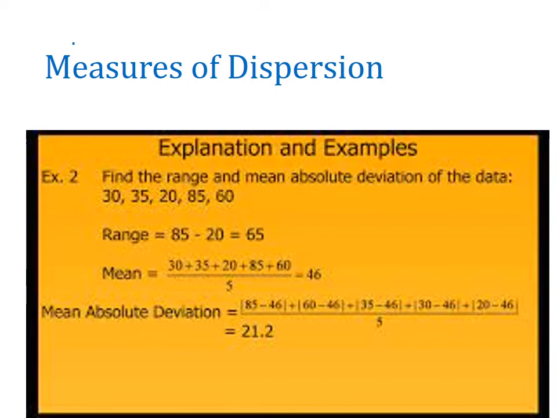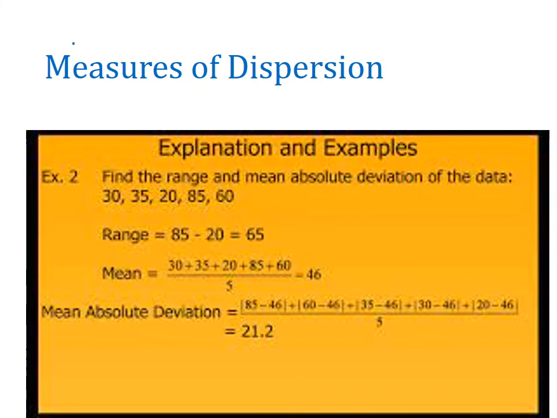For example, 30 plus 35 plus 20 plus 85 plus 60, divided by the total number of values, which is 5. For the mean absolute deviation, we take each value minus the arithmetic mean, and in the end we got 21.2 as the mean absolute deviation of this set of data. That number shows the mean absolute deviation. You can understand the measures of dispersion with this example.